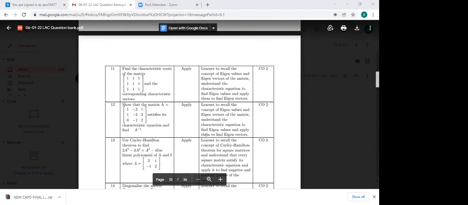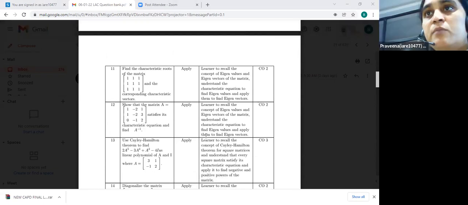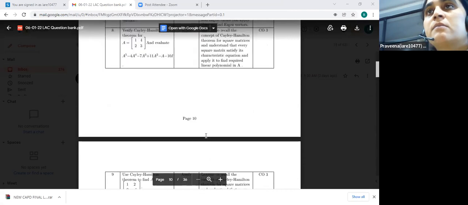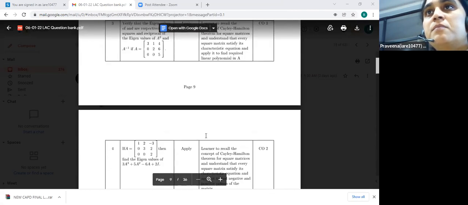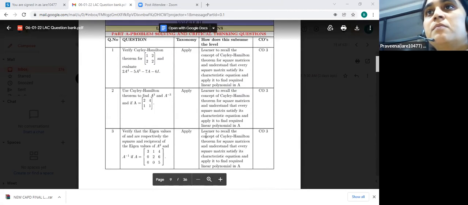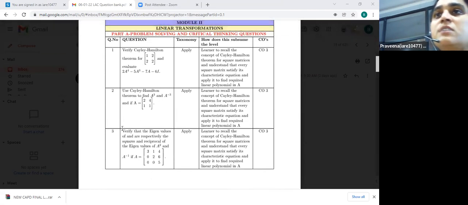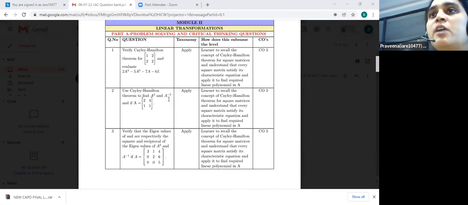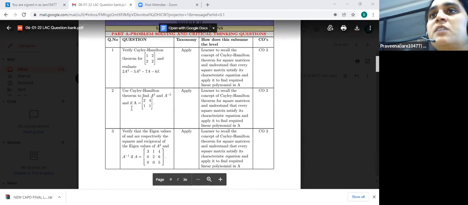Now write down one more question from this question bank. Once you see the critical thinking question, is it visible to everyone? Use Cayley-Hamilton theorem to find A cube and A power minus 3.